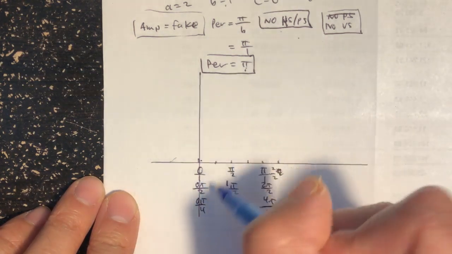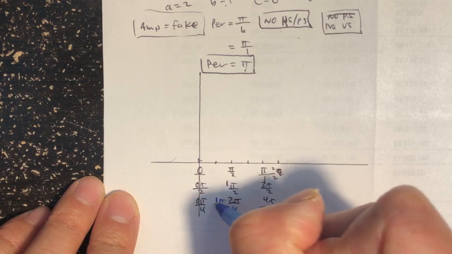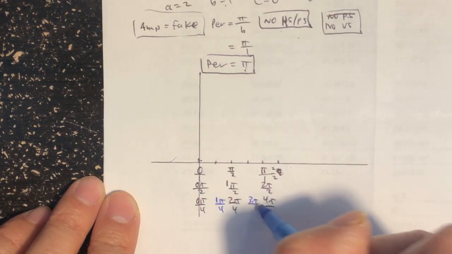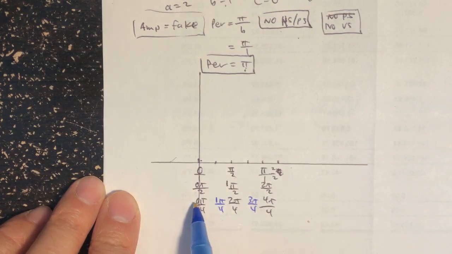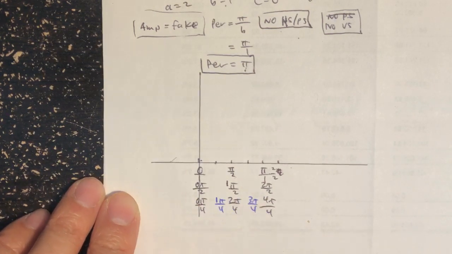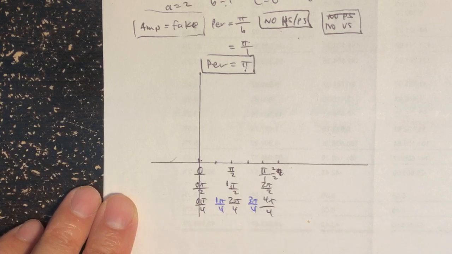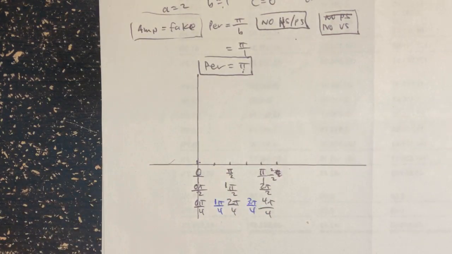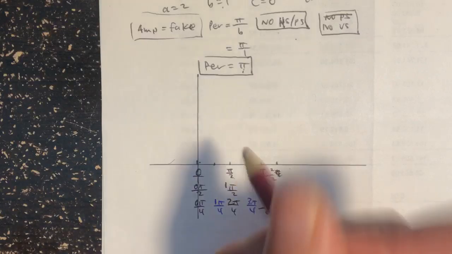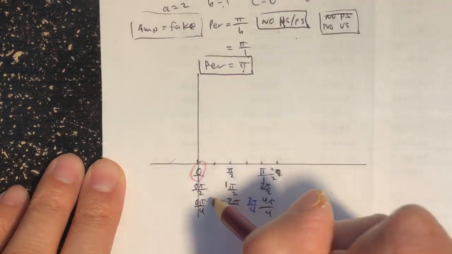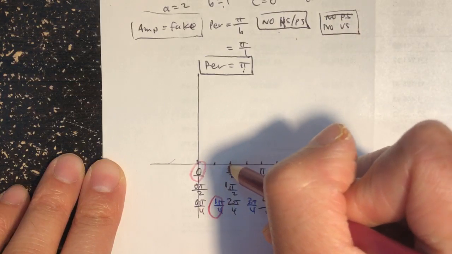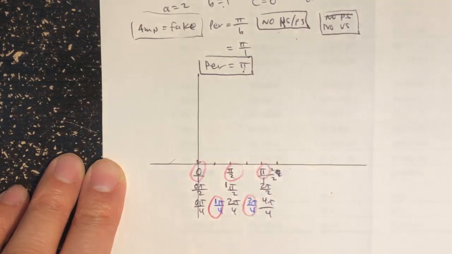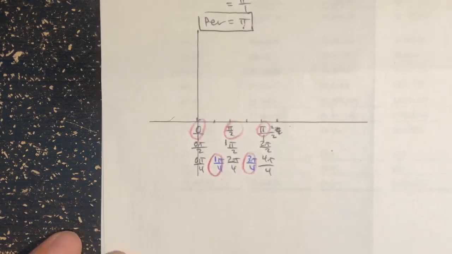So this is really just going to be 1 pi over 4. And then this one's going to be 3 pi over 4. So you're just counting in the numerator, 0, 1, 2, 3, 4. And those will be our 5 x values. So let me go ahead and just circle the ones that are reduced: 0, pi over 4, pi over 2, 3 pi over 4, and pi. So those are going to represent my 5 x values.